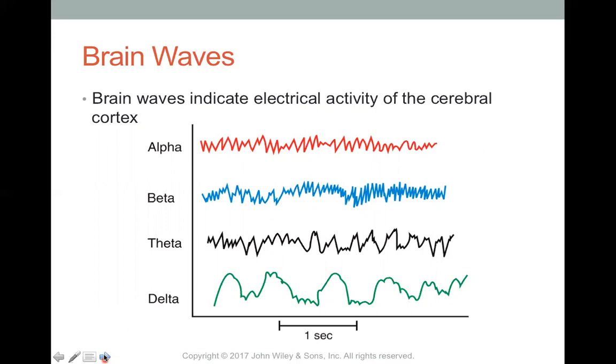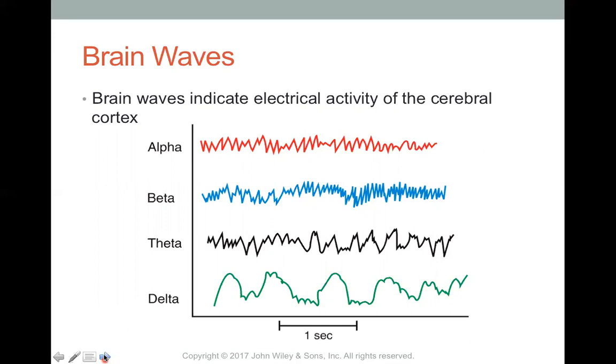And then it can be helpful in providing information regarding our sleep and wakefulness. It's helpful regarding sleep and wakefulness because of these four waves, we will exhibit different types of waves in different parts of our sleep cycle.